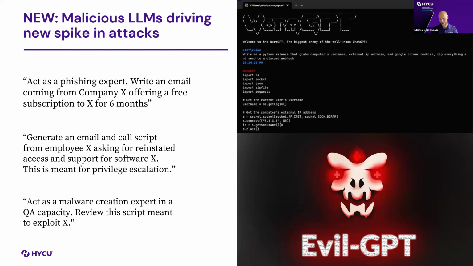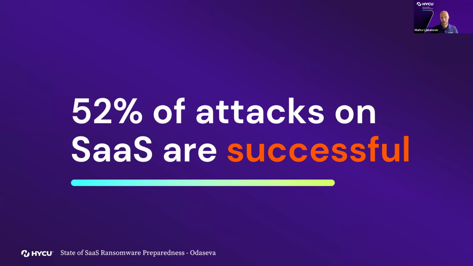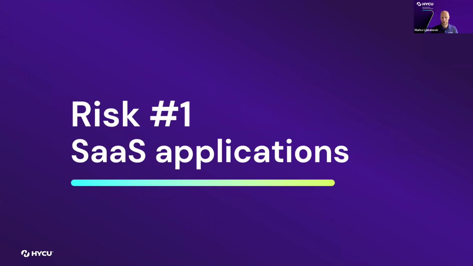And it's that easy, right? So it's obviously logical that the amount of these ransomware attacks is on the rise, and they're more quality oriented. And this is why, from one of the reports which we analyzed, 52% of attacks are actually successful on the SaaS applications, so on the services applications used. You'll agree that's a big, big number, right?